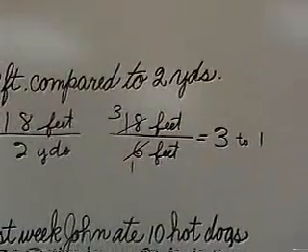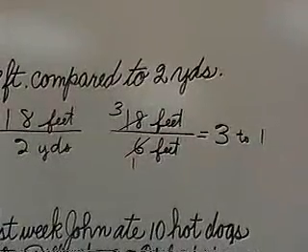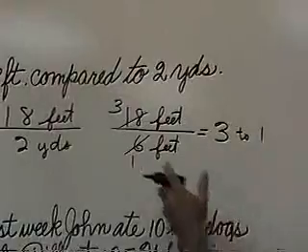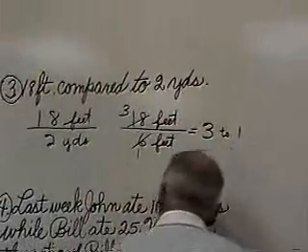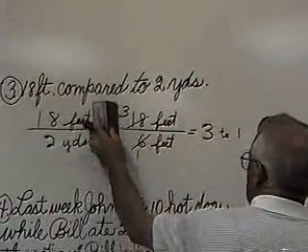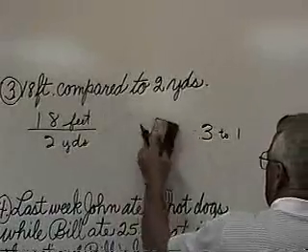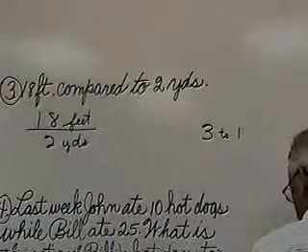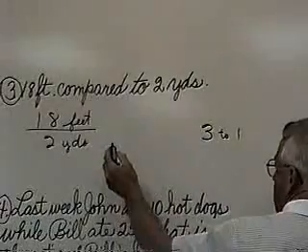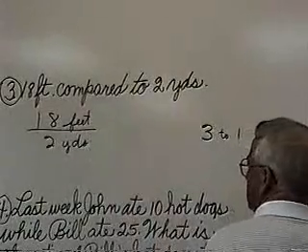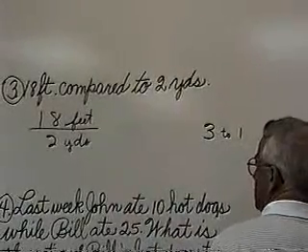All right. Now, notice then that we change the yards to feet. Let's say that we are going to come back up here and change it to yards. Okay? Well, 18 feet. How many yards is that?